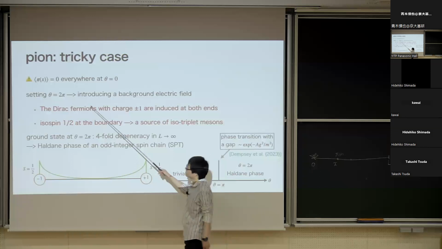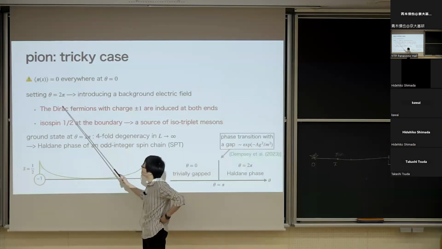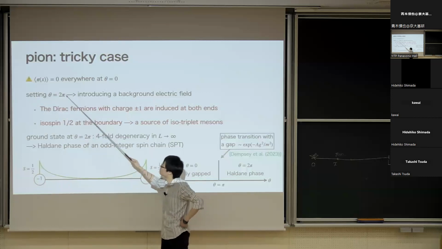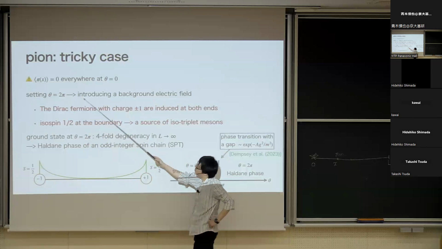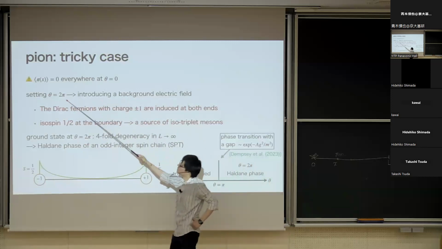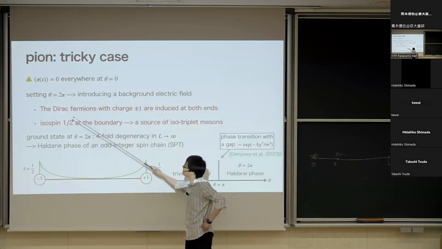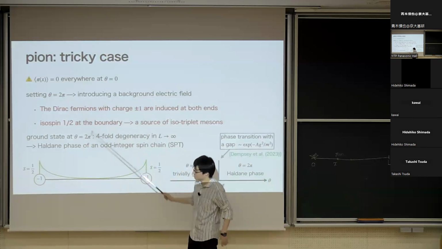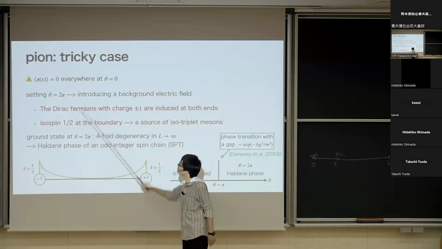But there is a possible direction: we set theta equals 2 pi. It amounts to introducing a background electric field, because the theta term plays the role of a background electric field. Setting 2 pi induces a background electric field with magnitude 1.